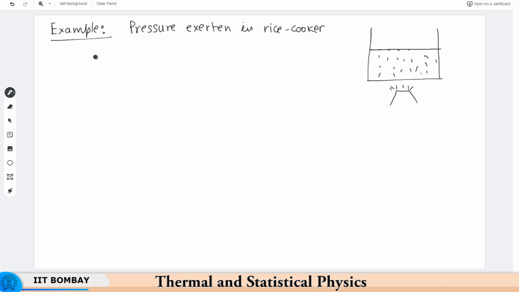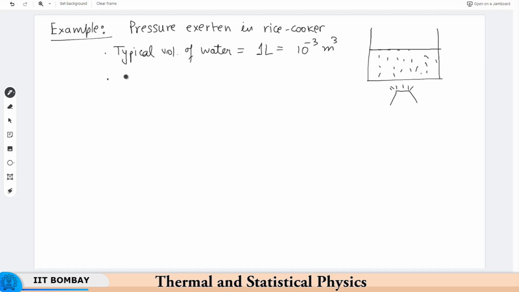We typically use water of about 1 liter, which in SI units is 10⁻³ meter cube. And we typically heat this container to about 100 degrees Celsius, where water starts boiling. You have to boil water in order to cook rice.